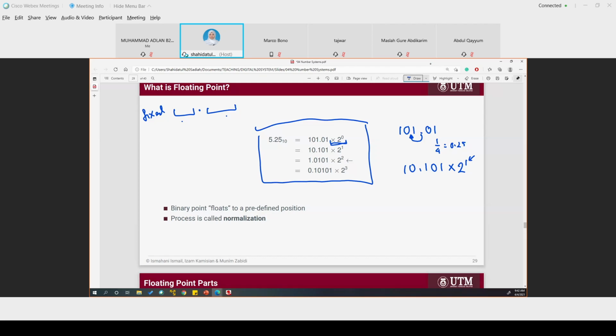Okay, we move another one bit: 1.0101 times 2 to the power of 2. And this is also equal to 0.10101 times 2 to the power of 3, because we move it 3 times from the original one here. 1, 2, 3.